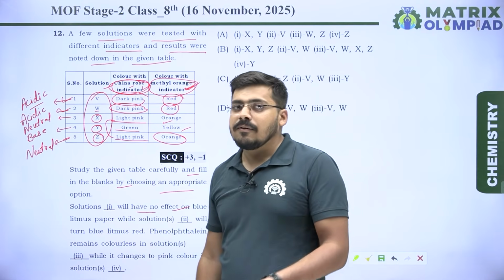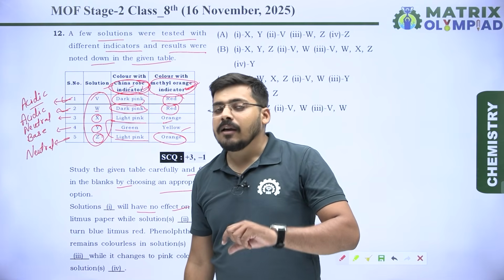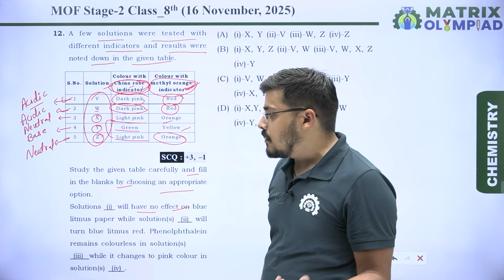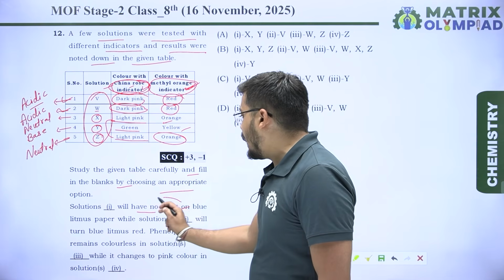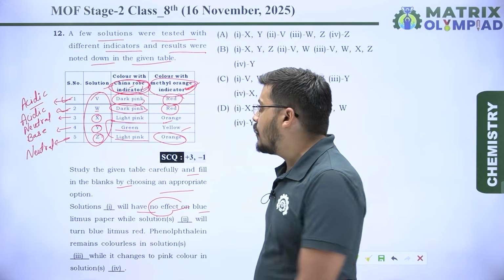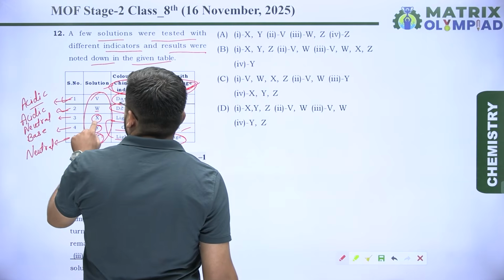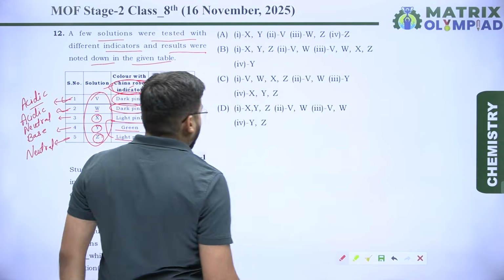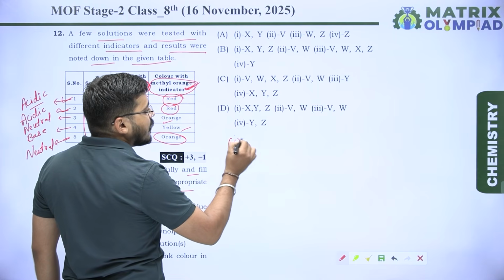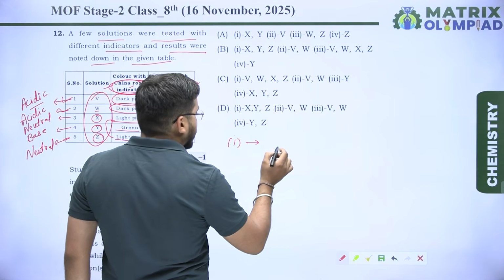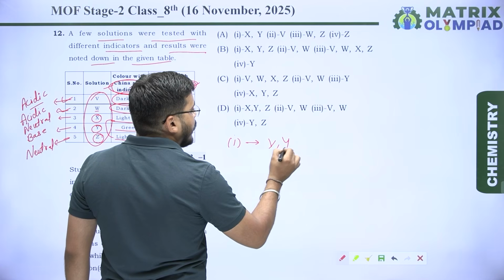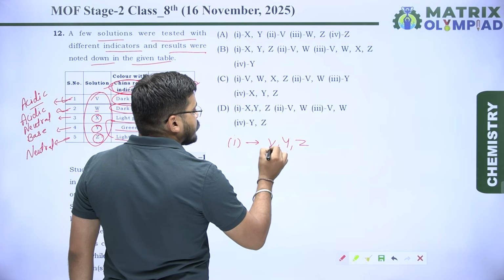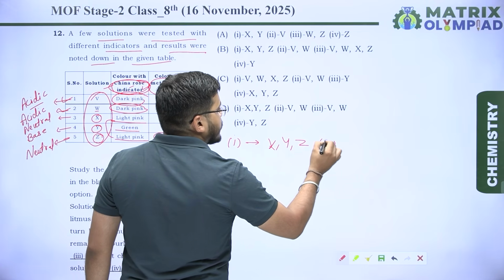No effect means the solution is neutral or basic in nature, therefore it does not show any effect on blue litmus paper. We know very well neutral is X and Z and base is Y. Therefore, in the first blank, we conclude that it is X, Y and Z. Let's move to the second blank.